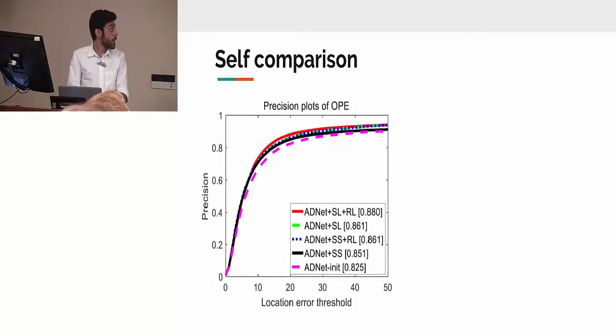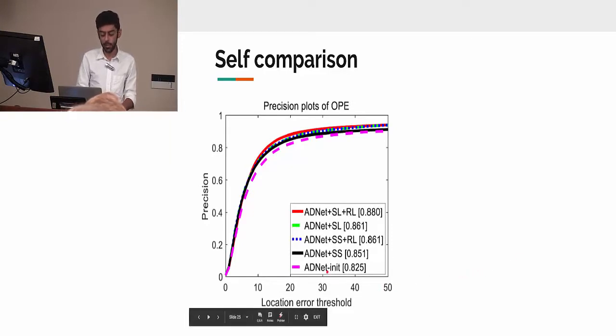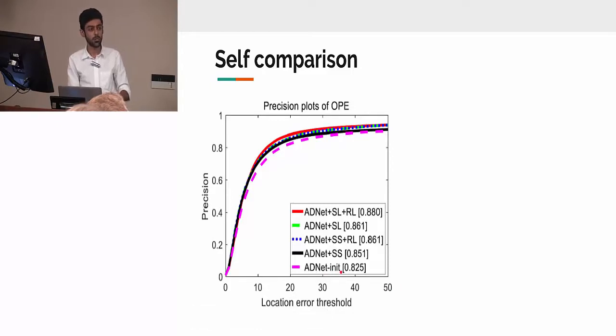So there are basically 4 different baselines of their algorithm that they compared with. The ADNet init is basically the algorithm without that supervised learning step, which is used for the initial step. So what does that mean? Without supervised learning, they use the pre-trained VGG weights instead of training it on the generated state action patches.